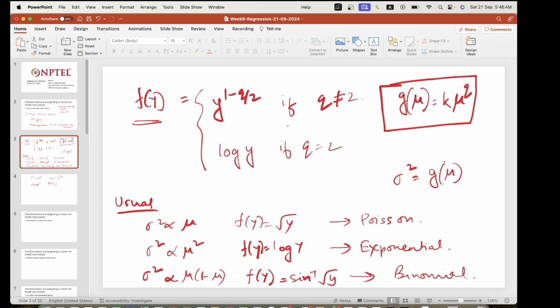And this was the generalized formula, y to the power 1 minus q by 2, given g mu takes this form.